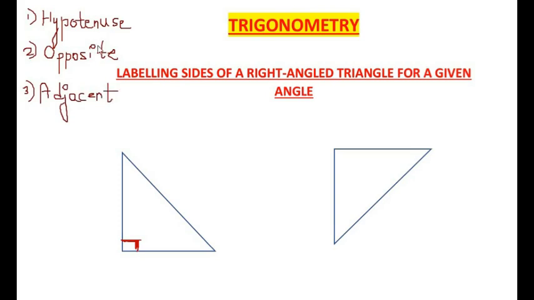Now these are the three labels we have to assign to all the sides of a given right angled triangle. Here I am going to use the letters H for hypotenuse, O for opposite, and A for adjacent.